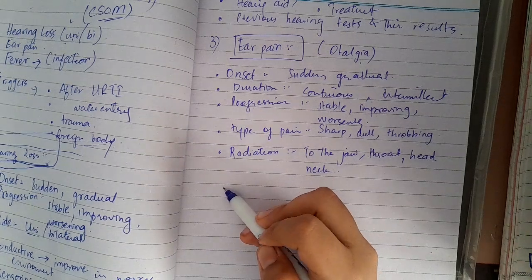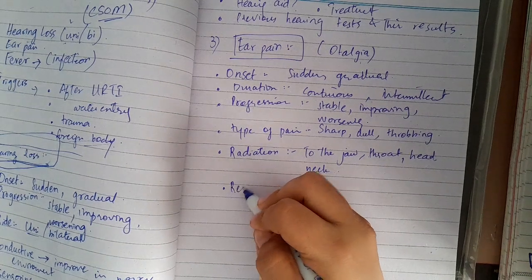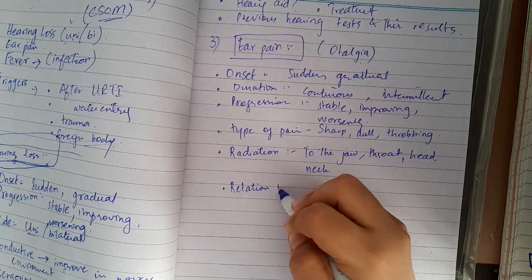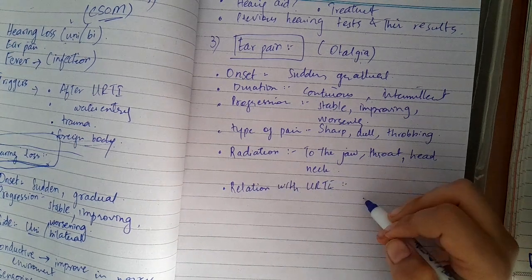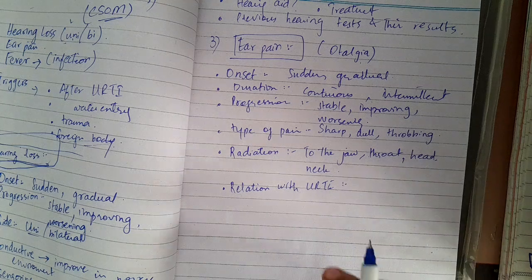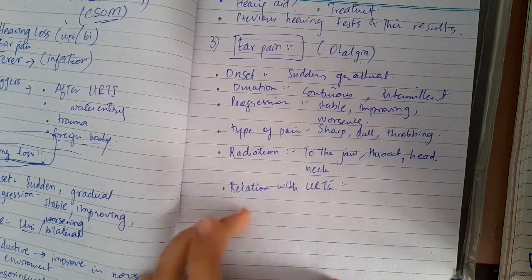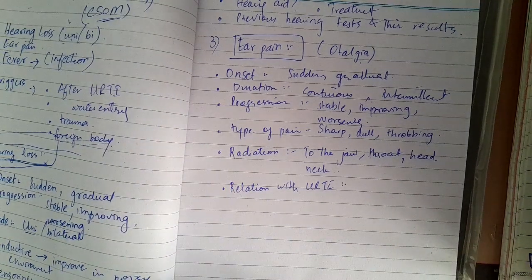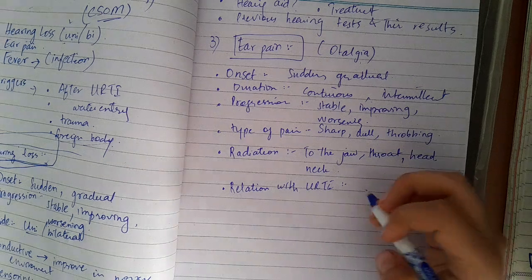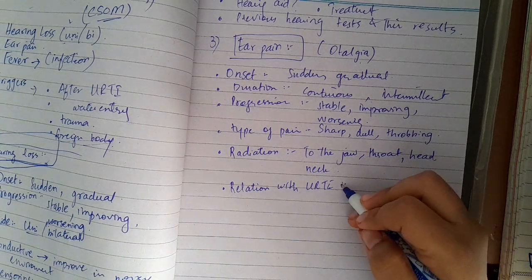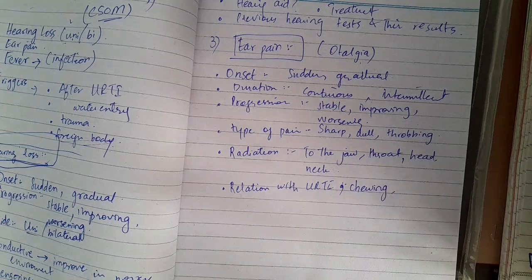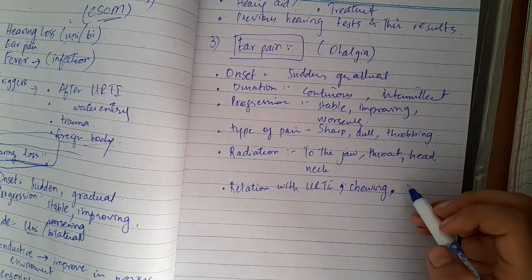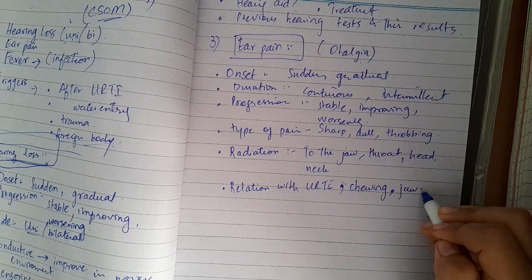Okay. Next you will ask about the relation with upper respiratory tract infection. That is, whenever you have an upper respiratory tract infection, then only do you have such issue of ear discharge, or does it happen every time? Or you will ask about chewing, does the ear pain happen whenever you're chewing or during jaw movement.